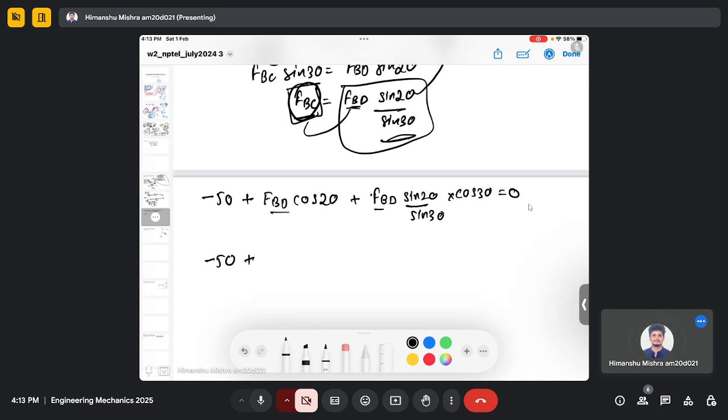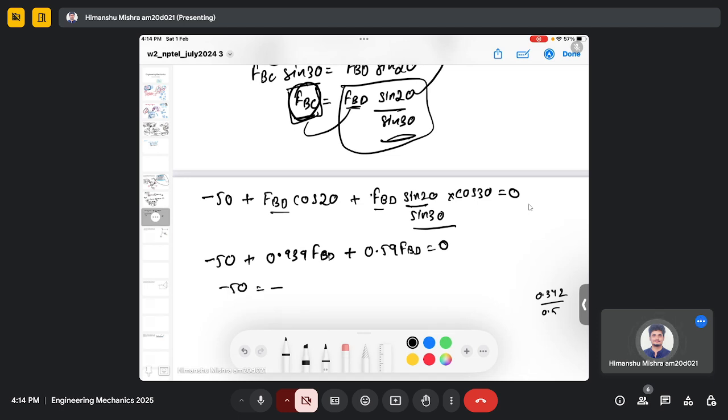So this will be 0.939 FBD, and this term will be 0.59 FBD equals 0.